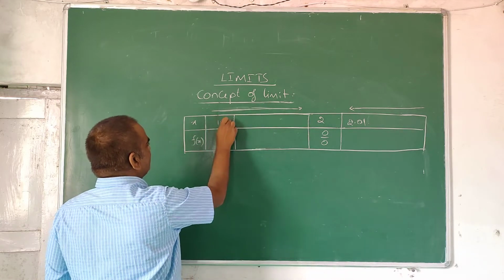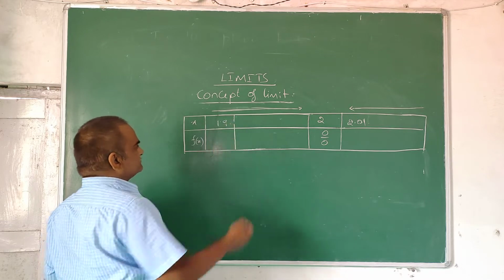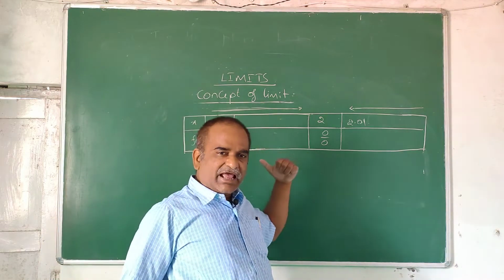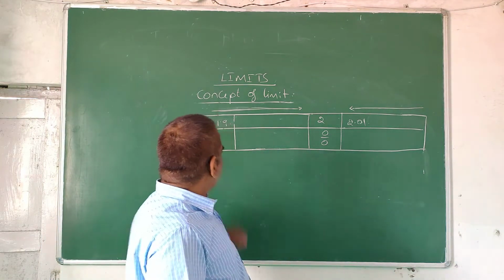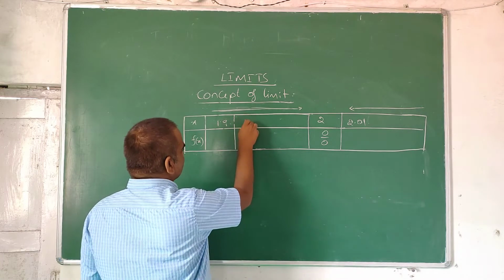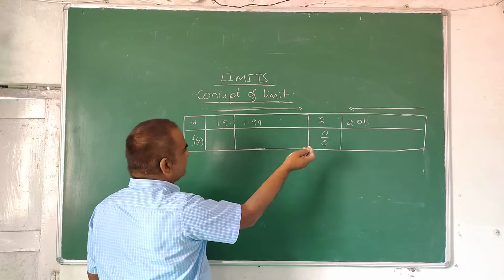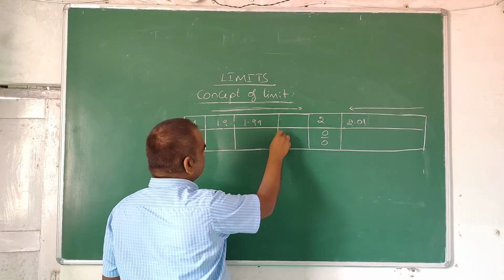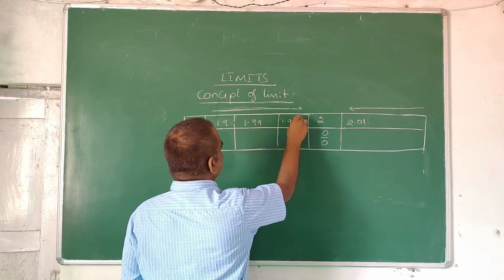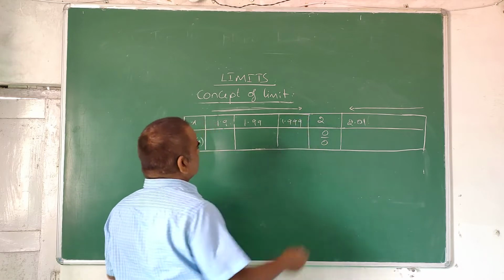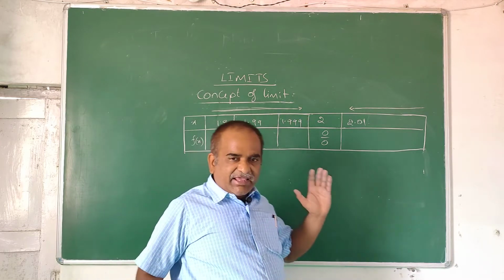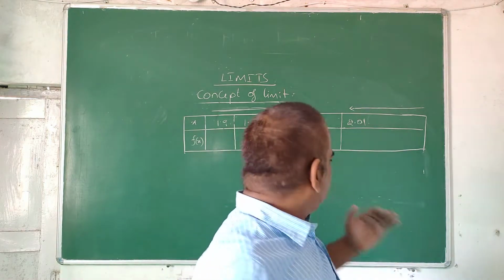So now x is approaching 2 from the left side. You go for 1.9, which is less than 2. So take 1.9, 1.99, okay, like this, 1.999. So you are making x closer to 2 from the left side.